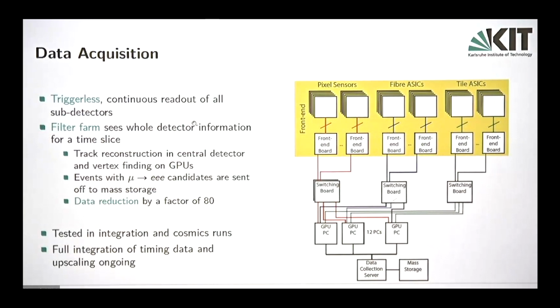So this is depicted here. All of the detectors have a custom designed front-end board, and they push the data then down to what we call the switching stage, where we mix the data such that in the next stage, each PC sees the whole detector information for a time slice. And then we have GPUs, and on the GPUs we do track fitting and vertex finding.